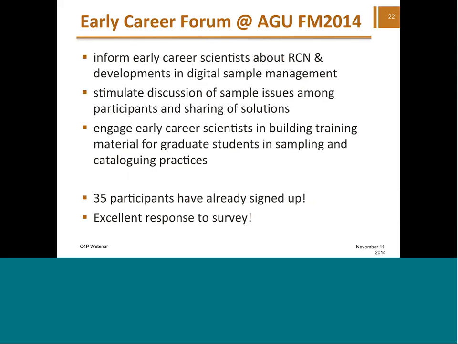So with this, I'm moving to an overview of the Early Career Forum at AGU. It's trying to inform early career scientists about the RCN and about recent developments in digital sample management, stimulate discussion of sample issues among the participants, and sharing of what people do at the moment to solve their problems, and then identify engaged early career scientists who would like to participate in building the training material for graduate students.